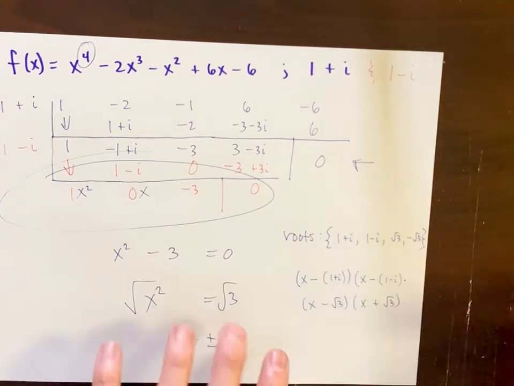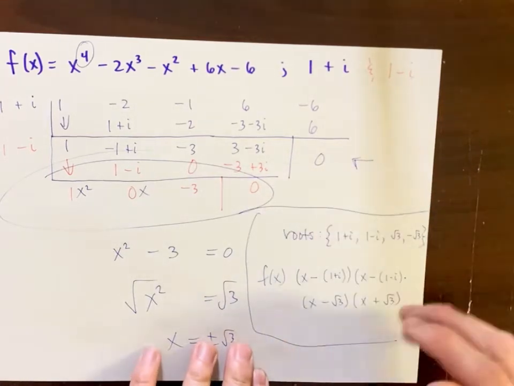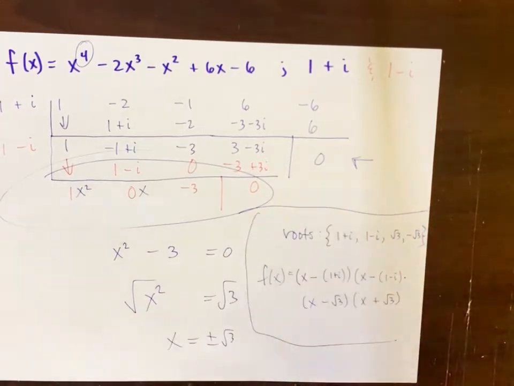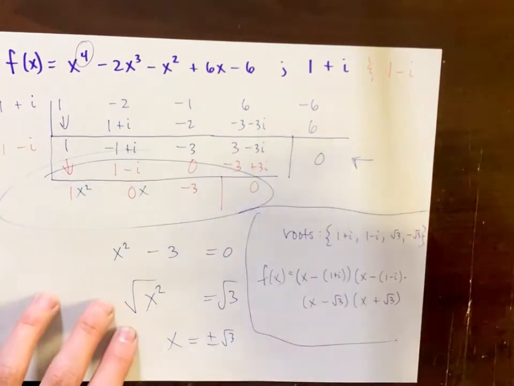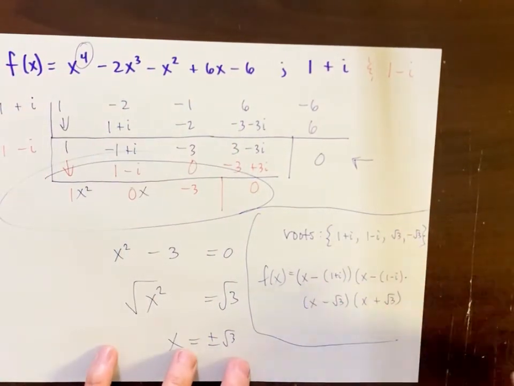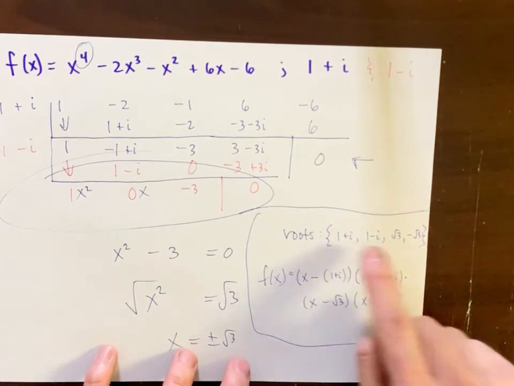In any order, the order doesn't matter. The point is that f of x as a linear factorization would be these 4 here. If you take these 4 parentheses and if you multiply them, you're going to get back the original polynomial, which was in standard form. But this is the linear factorization. It's x minus, x minus, x minus, x minus, all of these guys here.